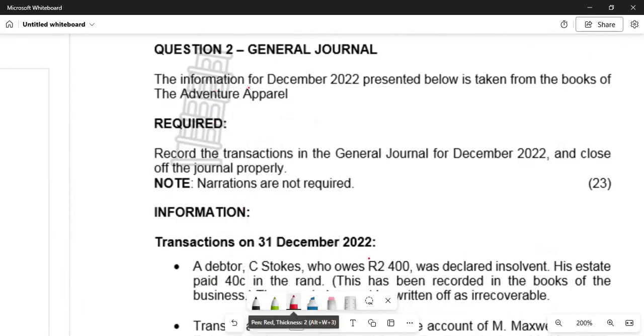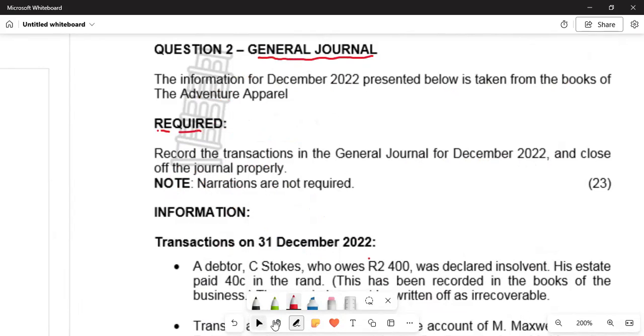Question 2 is about what? General. So they say information for December 2022, presented below, is taken from the books of Adventure Apparel. Required: record the transactions in the journal for December 2022 and close the journal. Narrations are not required, so you're not to narrate.